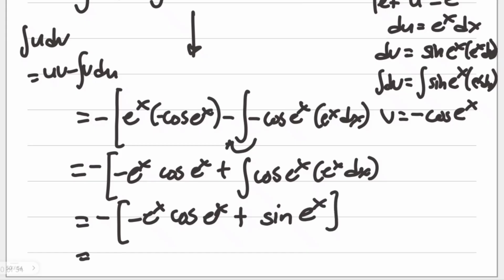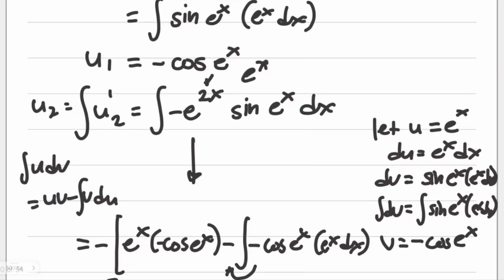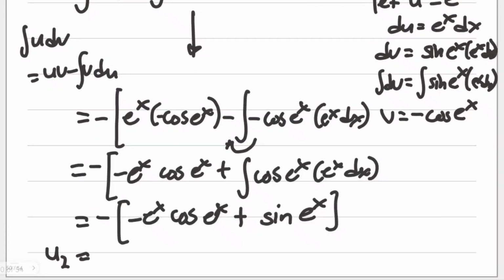Removing the negative, this is our u sub 2: positive e to the power of x cosine e to the power of x minus sine e to the power of x. That's our u sub 2.